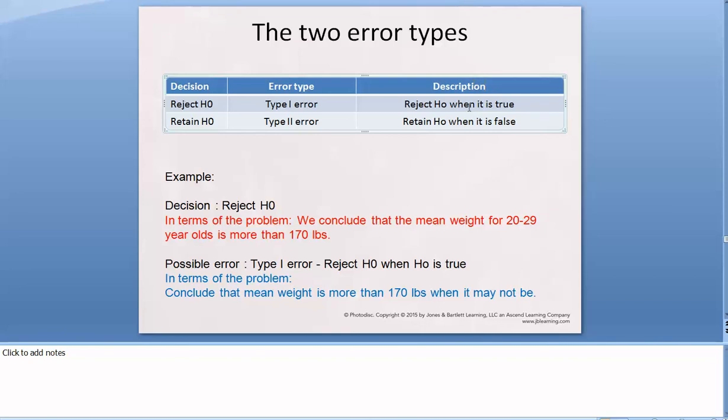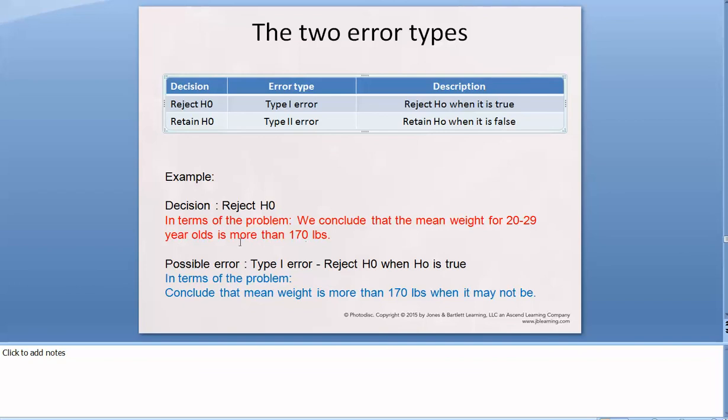In this column, I have described the error. Type 1 error is to reject H null when it is true, and type 2 error is to retain H null when it is false. That's also an error.